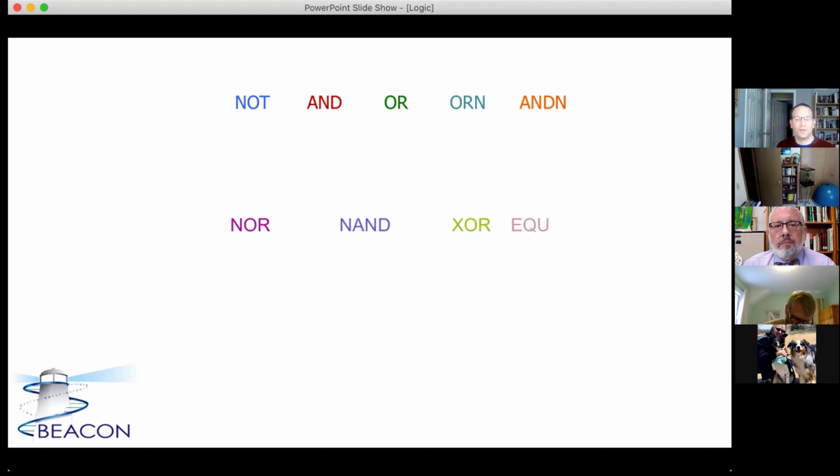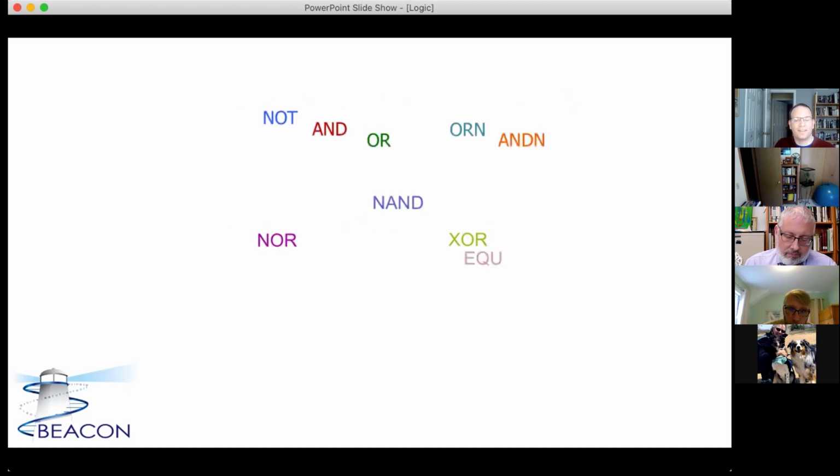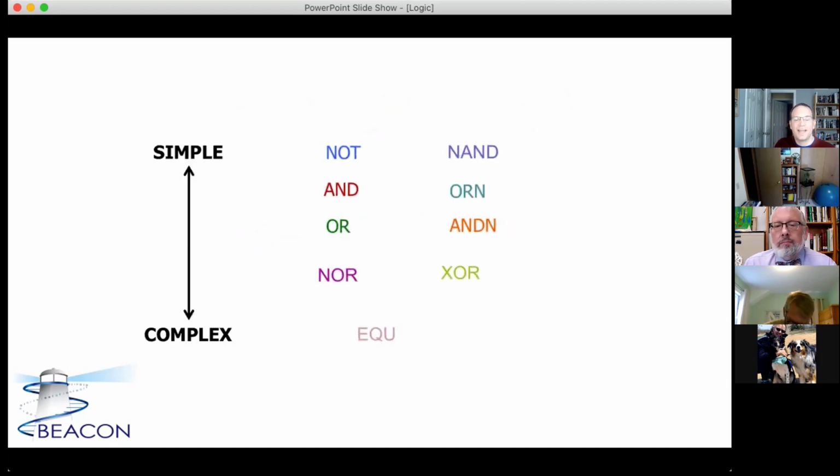The other one you can do that with, strangely enough, is the NAND function. So not and NAND are actually the simplest of the things to wire, and everything else takes more of them. So if we rearrange things in terms of the complexity, not and NAND are the most simple. They can each be done with just one of these circuits.